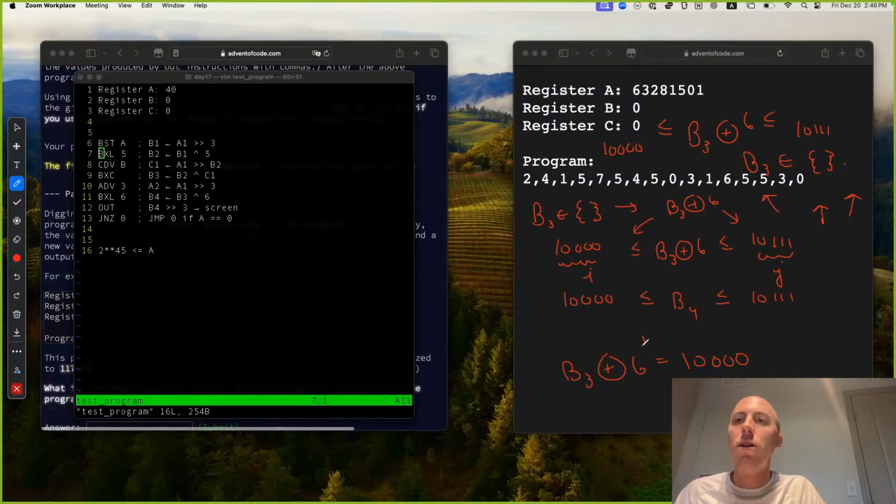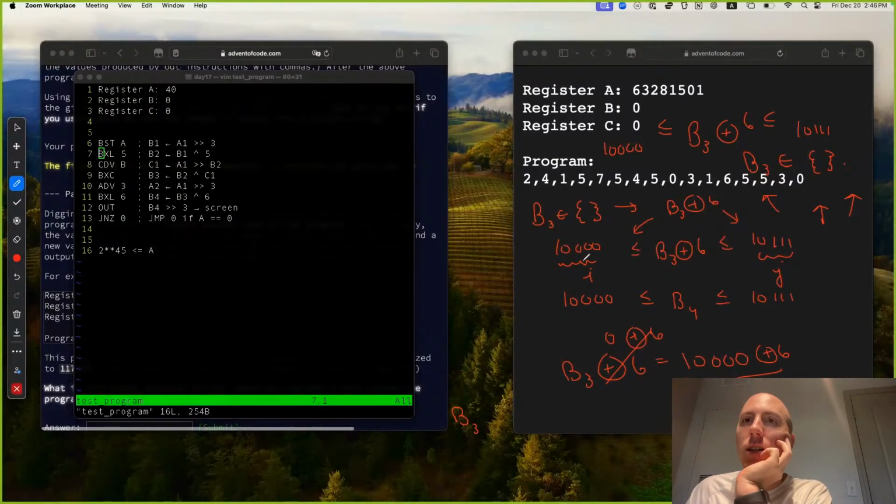So we're saying, what value of B3 when you XOR it with 6 is going to get this? So this is going to be 0, and XOR this with 6. So we can get all the possible values for B3 by looping over from I to J and XORing all those values. And so B3 has to be in this set for us to get a 2. These are all the possible values for B3 that'll give us a 2.